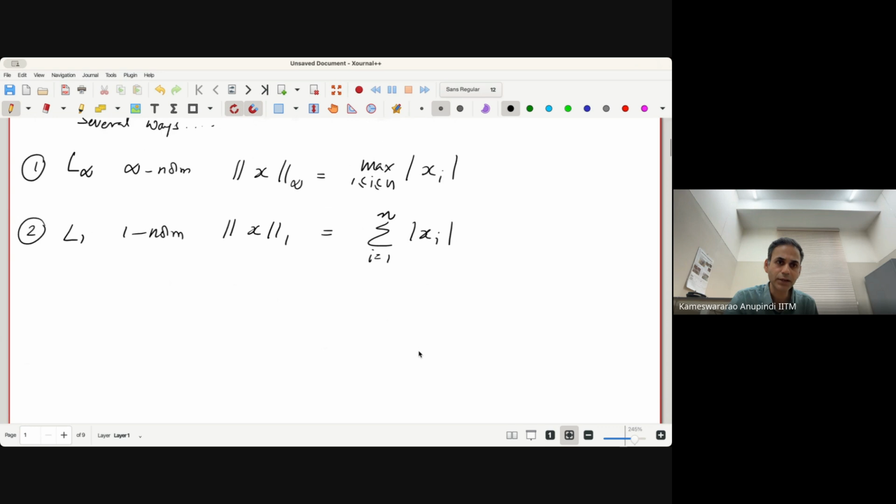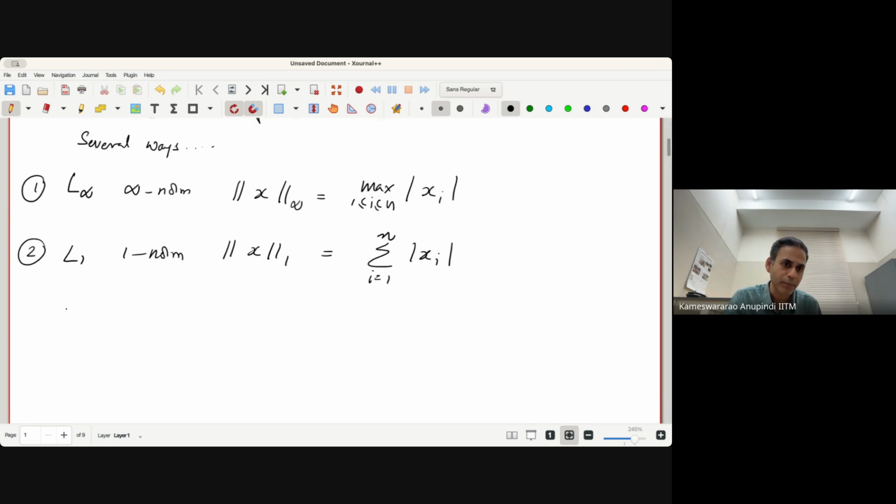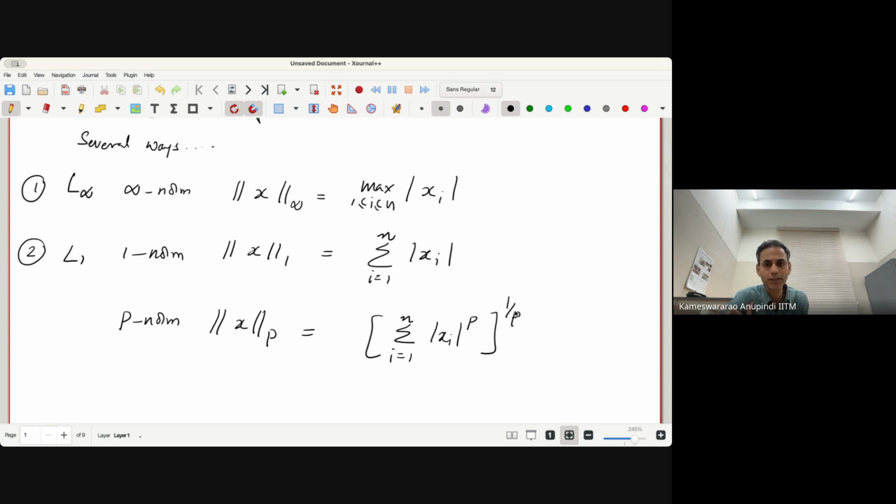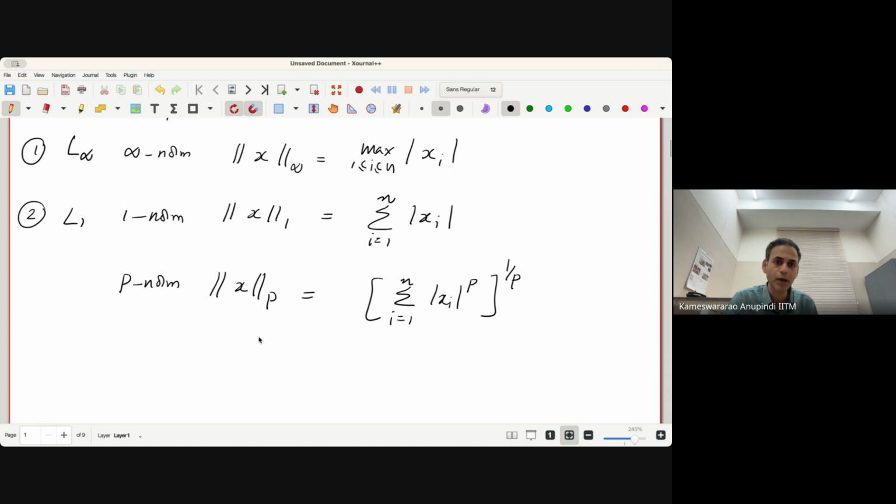So we can actually define something that is known as a p norm for a vector, that is, the norm of x sub p equals sigma i equals 1 to n of modulus of xi raised to the power of p, and then we raise this sum to the power of 1 by p. Okay, that is called a p norm. Now different values can be substituted for p.